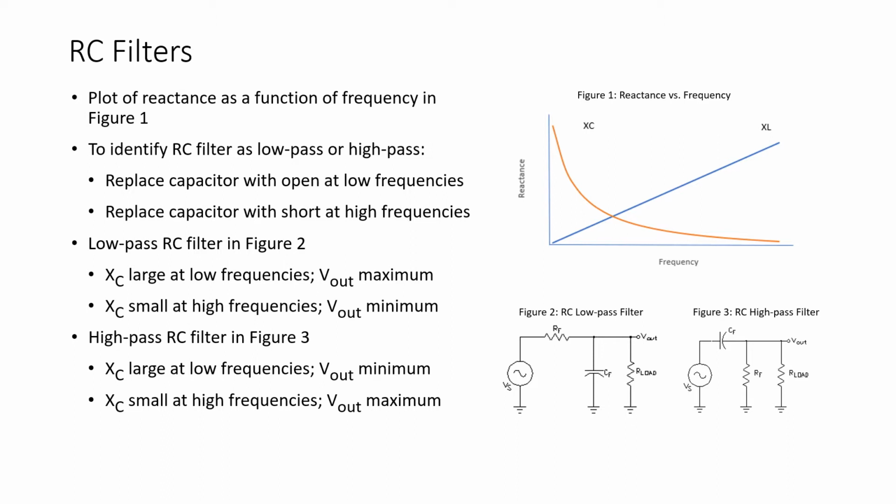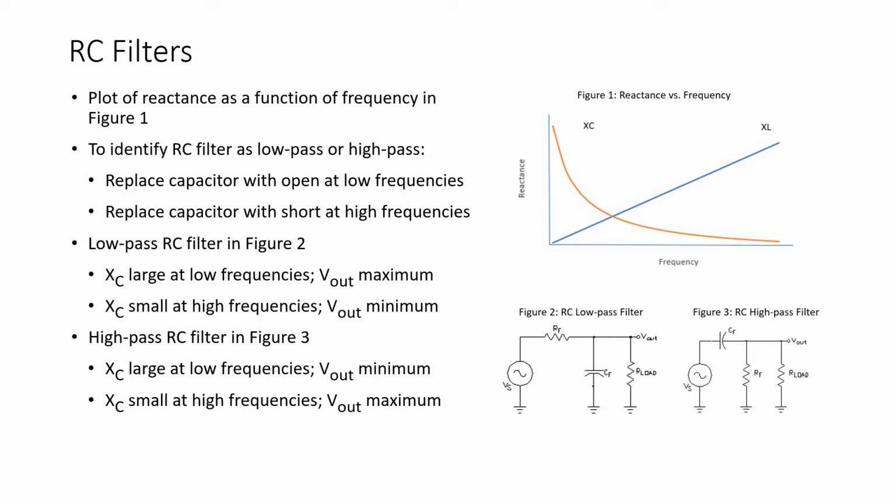However, at high frequencies, I replace the capacitor with a short, and again, that places the output shorted to ground, and the output voltage, the voltage across the load resistor, will approach zero or be at its minimum because no current will flow through the load resistor.